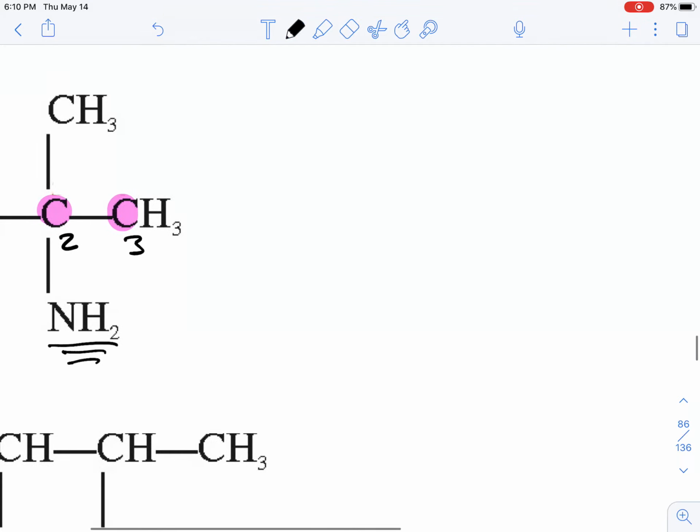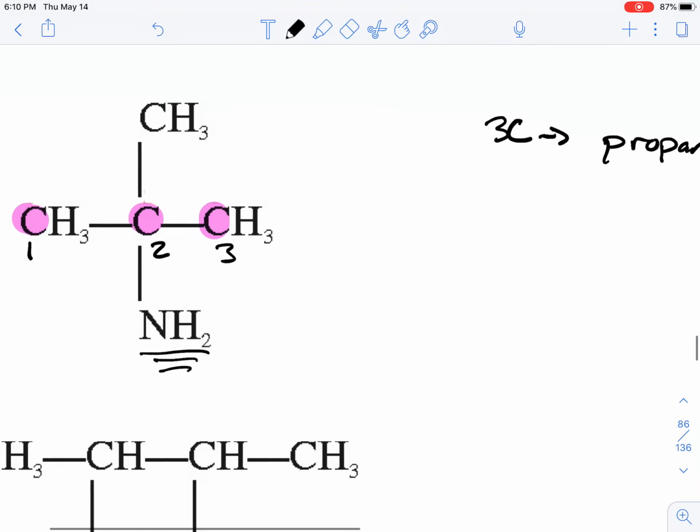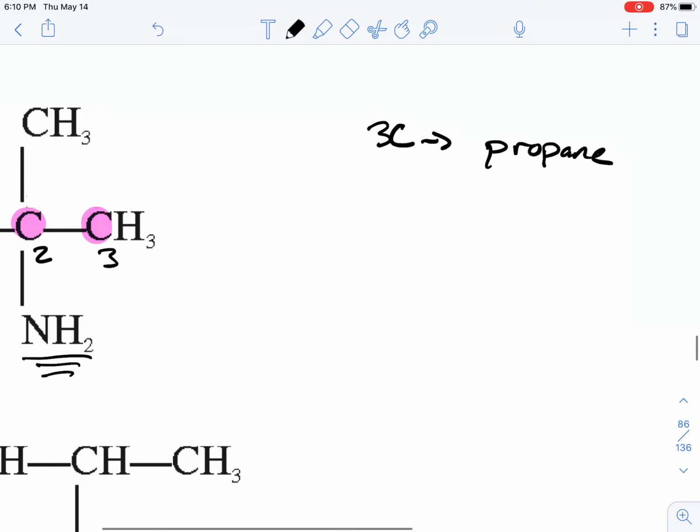Since I have a 3-carbon chain, I know that this is going to be propane. Also, there's no double bonds. They're all single bonds. And so it's propane. I'm going to cross the E, add amine. So this is propanamine.